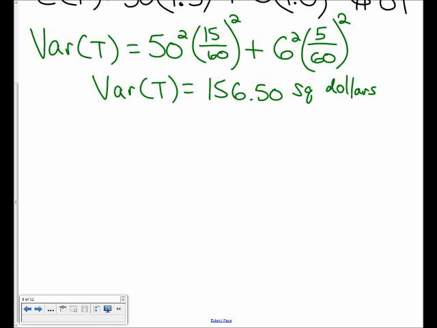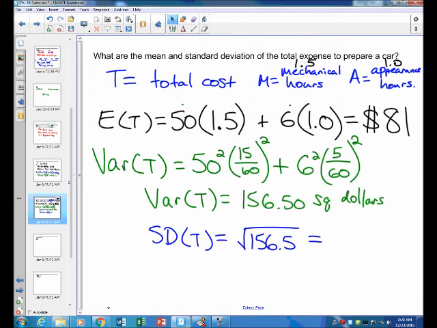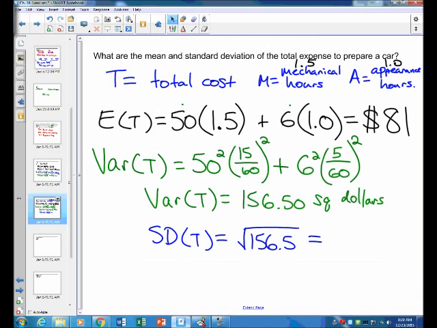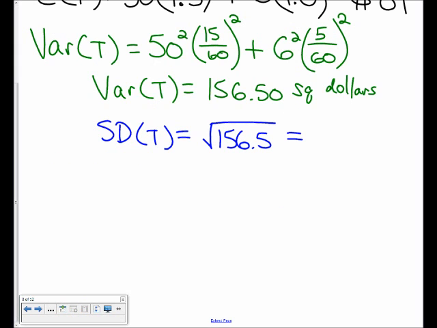So the square root of 156.5 is going to be equal to, I know the suspense is killing you guys, should have just done second answer. That's okay. $12.51. So that's going to be the standard deviation for the total expense for getting one of these cars ready to sell.